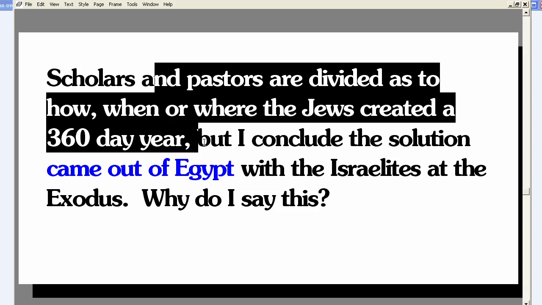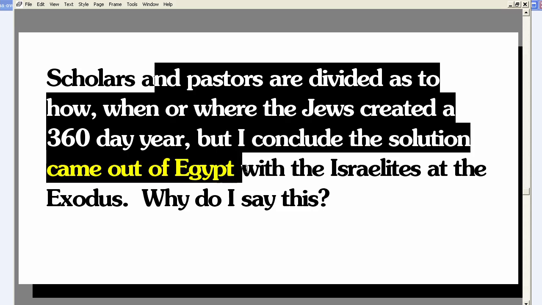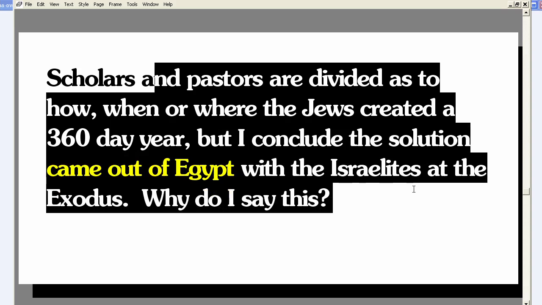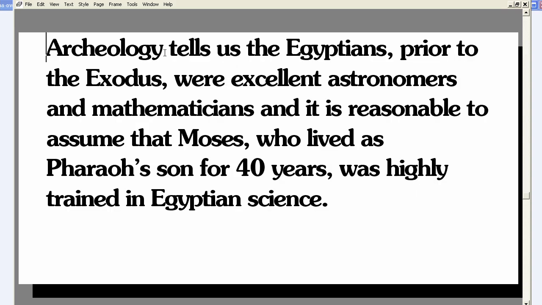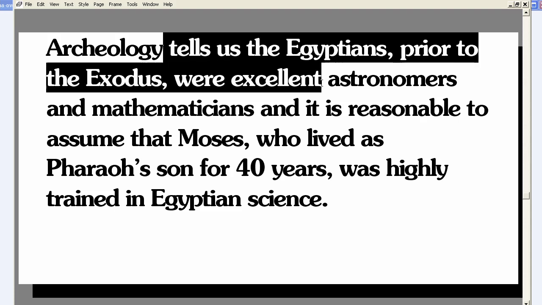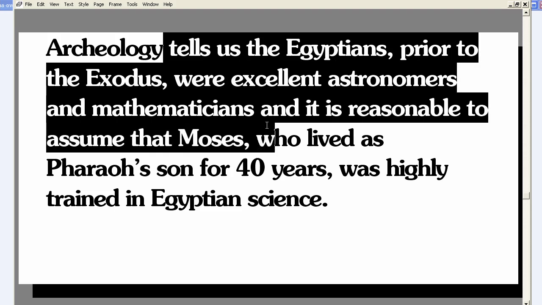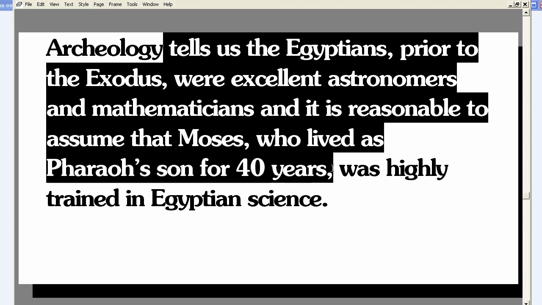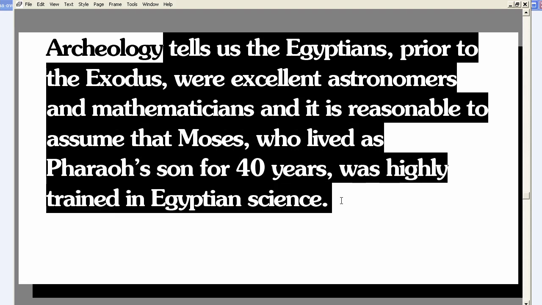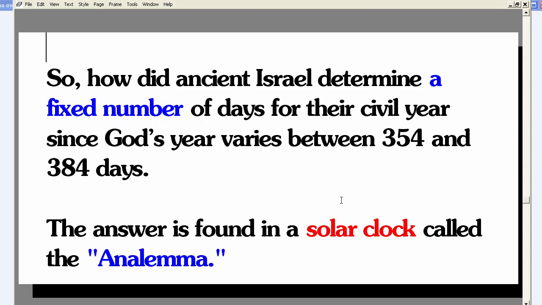But I conclude the solution came out of Egypt with the Israelites at the Exodus. Why do I say this? Archaeology tells us the Egyptians, prior to the Exodus, were excellent astronomers and mathematicians, and it is reasonable to assume that Moses, who lived as Pharaoh's son for 40 years, was highly trained in Egyptian science.